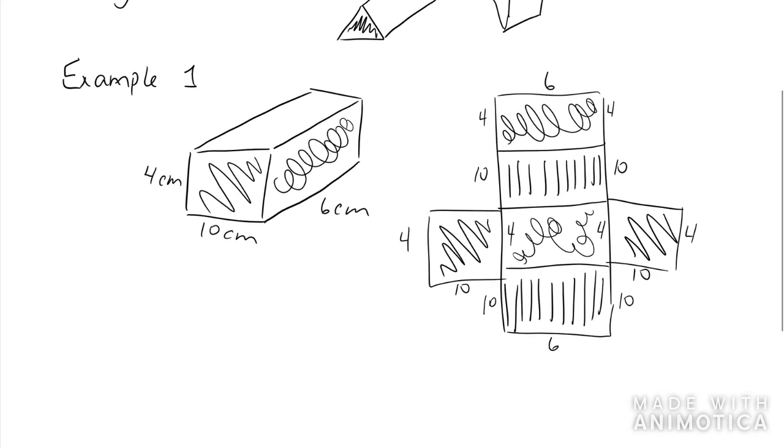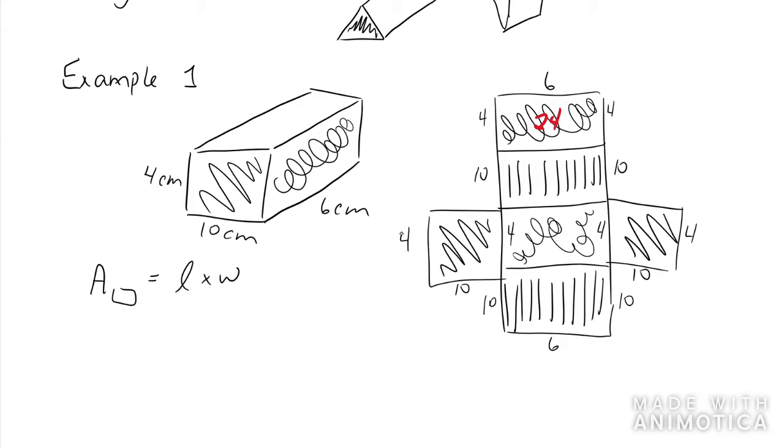So to figure out surface area, what we have to do is figure out the area of each of these rectangles and add them together. So to find the area of a rectangle, it's length times width. If I have 6 by 4, that is going to be 24.